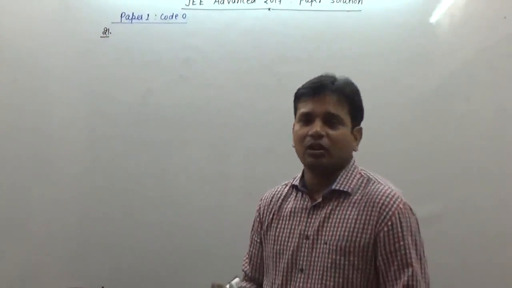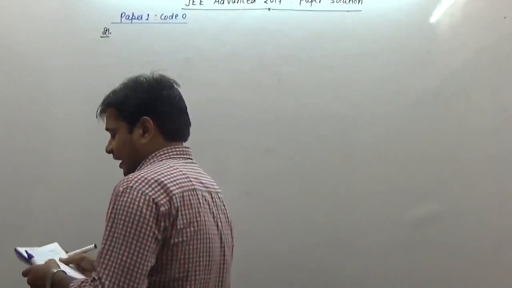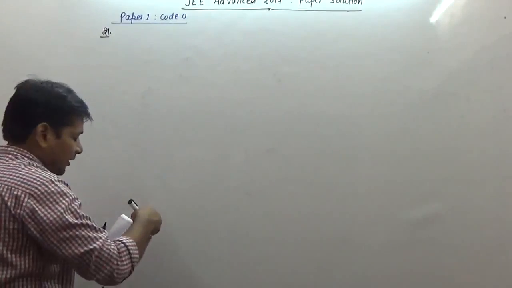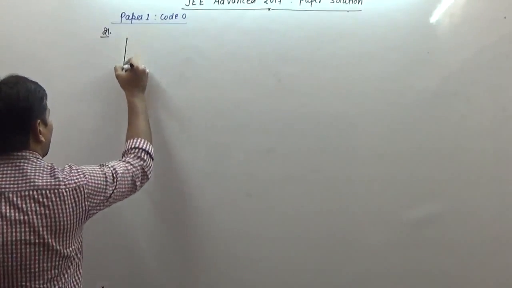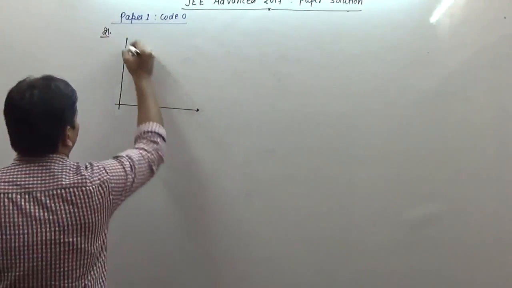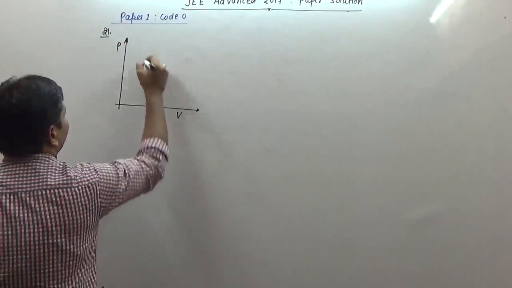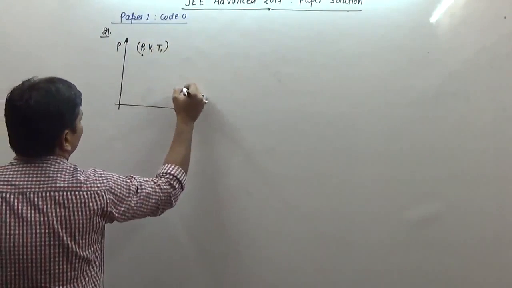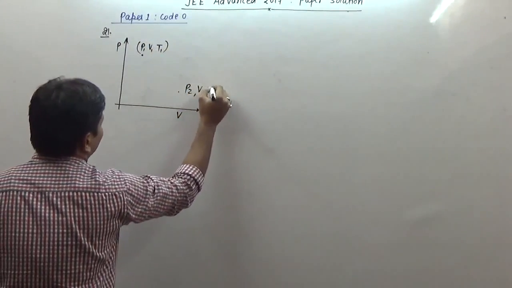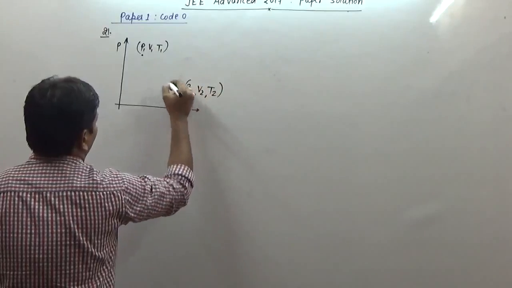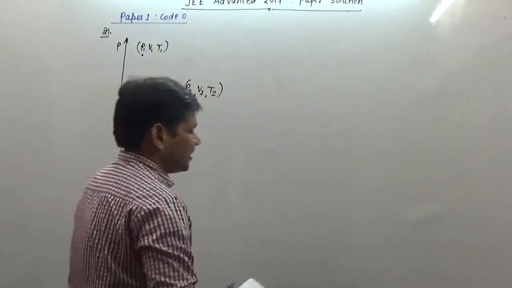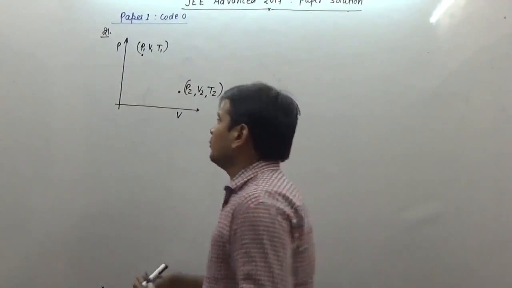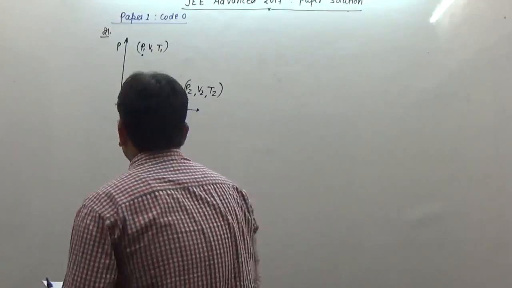It is based on the first law of thermodynamics, and the question is telling that an ideal gas is expanded from P1 V1 T1 to P2 V2 T2. I am just arbitrarily writing 2 points, and expansion is done from P1 V1 T1 to P2 V2 T2, and we have to justify which options are correct.